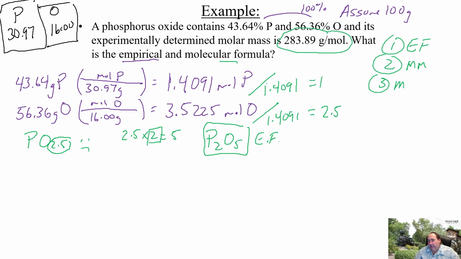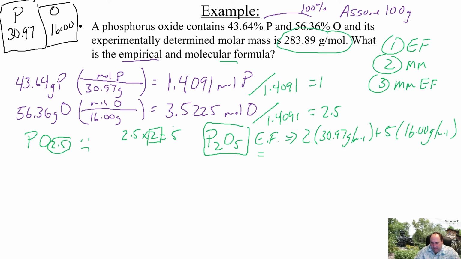Lastly, we need the molar mass of our empirical formula, so we can now calculate that: 2 times 30.97 plus 5 times 16 gives us 141.9 grams per mole. Now we have all 3 of the things that we need.